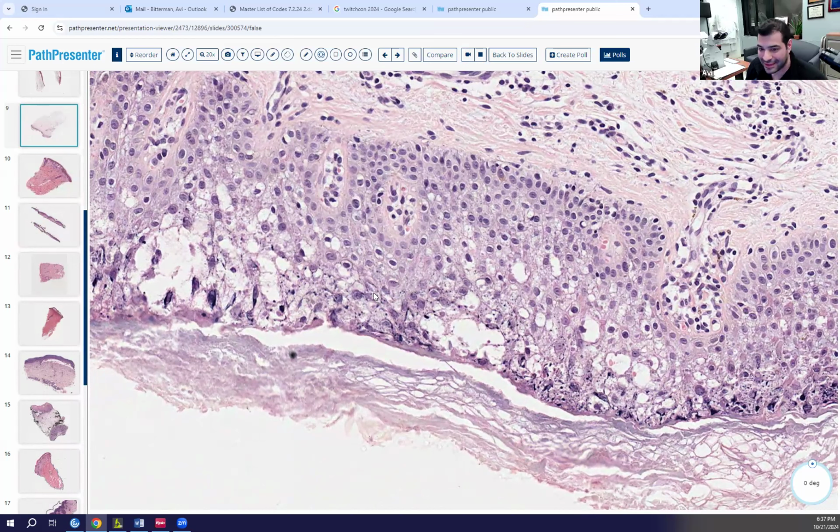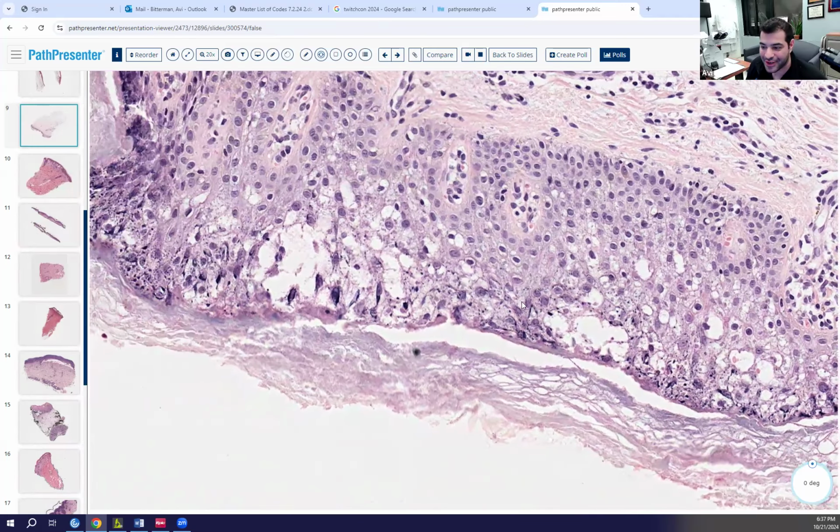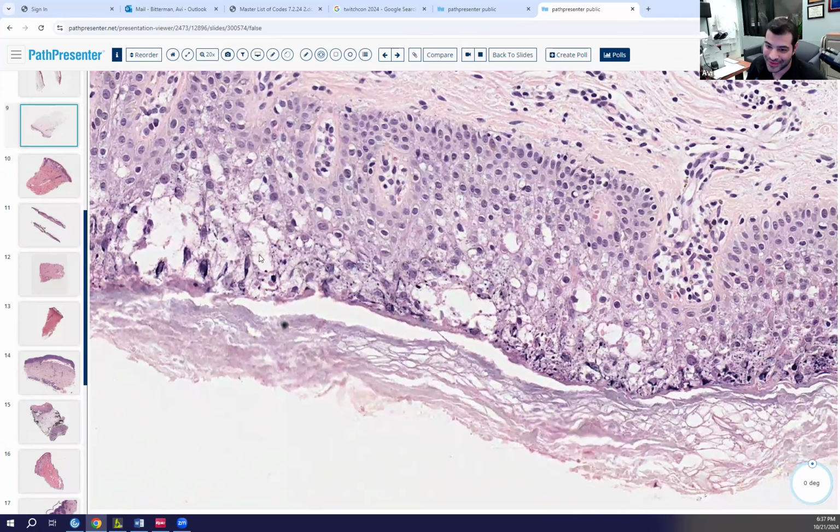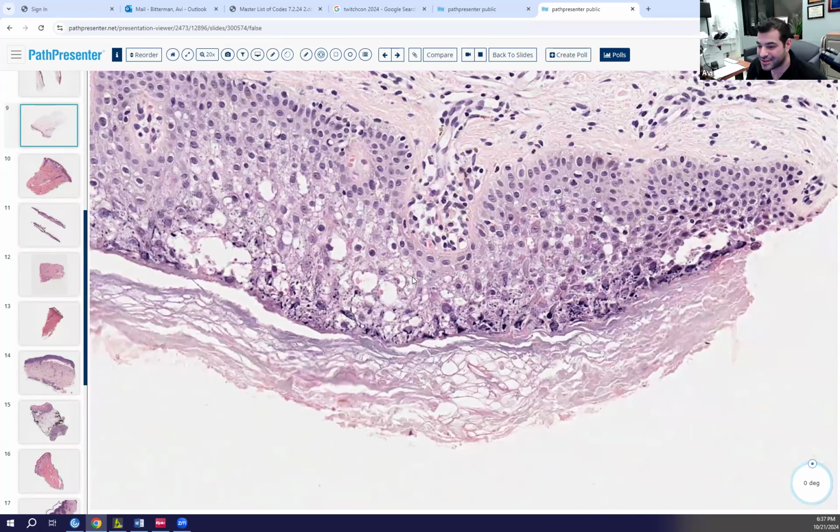So what can give us vacuolation of the granular layer with these condensations? Some might say there are tonofilaments in here.